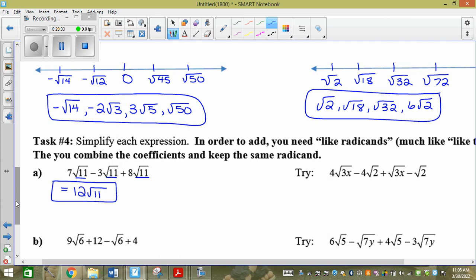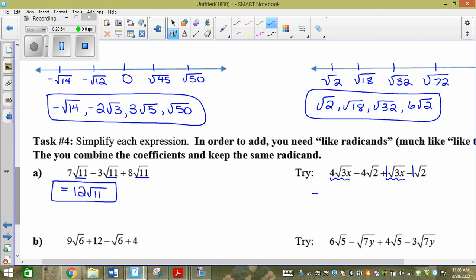Okay, let's look at this one. We have 4 root 3x minus 4 root 2 plus 1 root 3x minus 1 root 2. It's better to put 1s there. Sometimes it's helpful. So I'm not going to be able to make one term because they're not all like terms. Correct? But some of them are alike. So I have 4 root 3x plus 1 more root 3x.